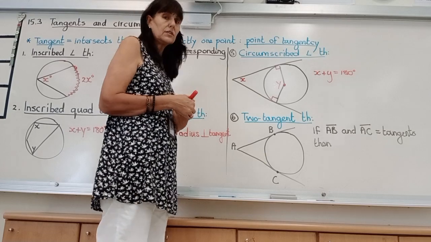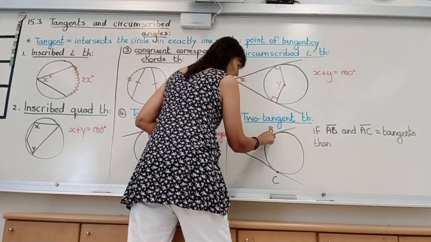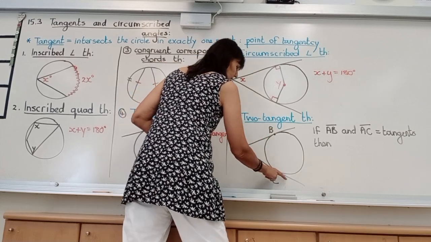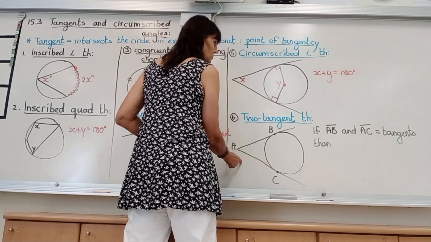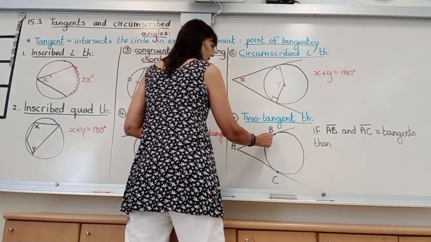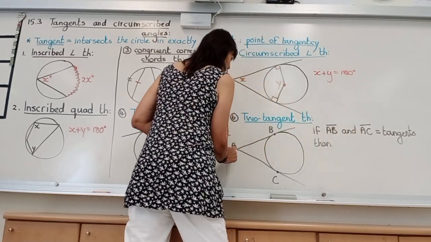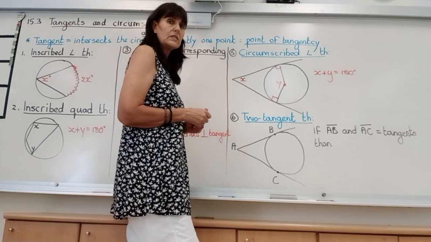The two tangent theorem, last one. Here I have a tangent, only touching once, tangent, only touching once. What can I say about these two tangents? We say this line segment from A to B, and from A to C, are definitely tangents. Then, what can we state?